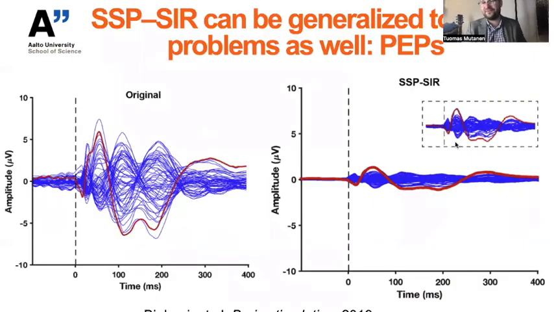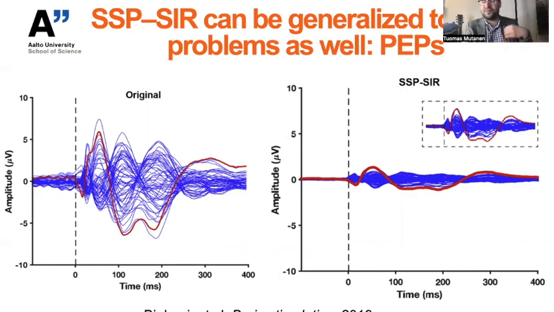You don't only have to restrict the SSP-SIR response to muscle artifacts, you can use it for other problems that are similar. And with Piabani et al, we tested whether we could use a similar approach to remove the somatosensory responses that are related to the TMS stimulation.